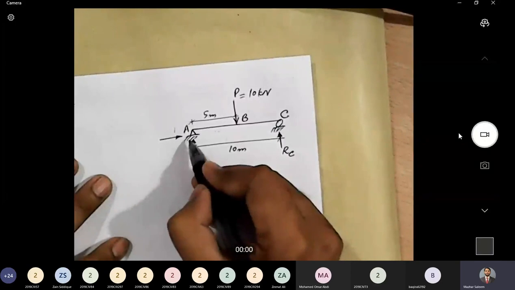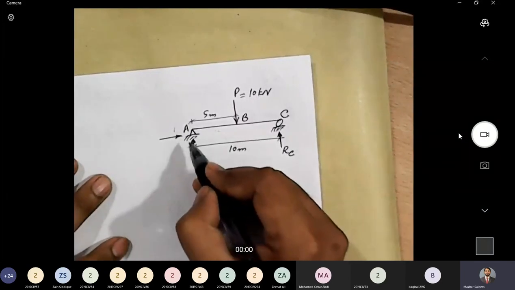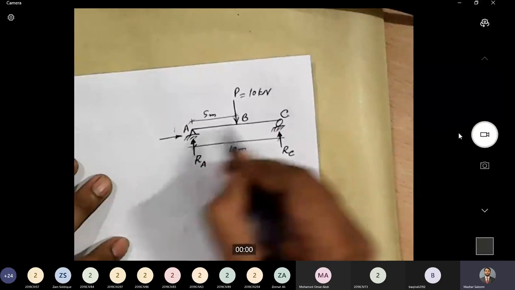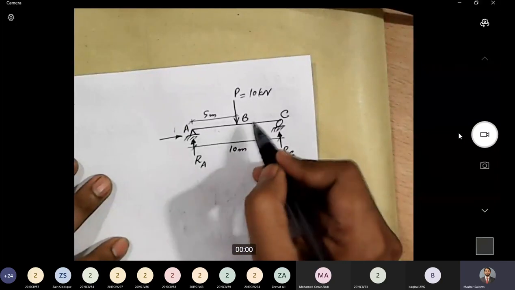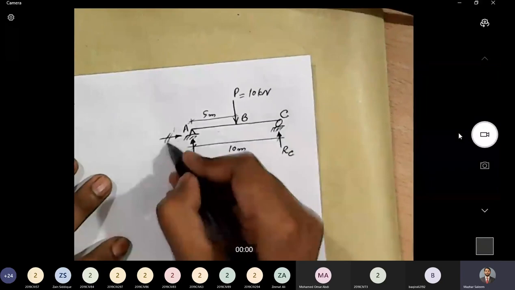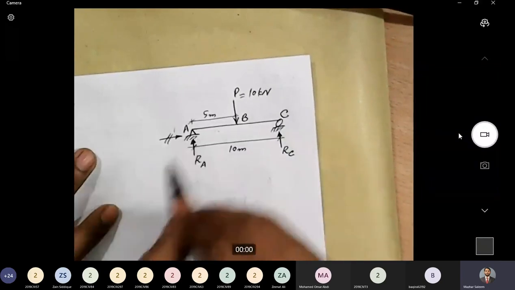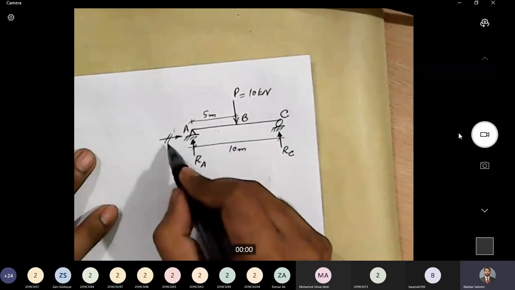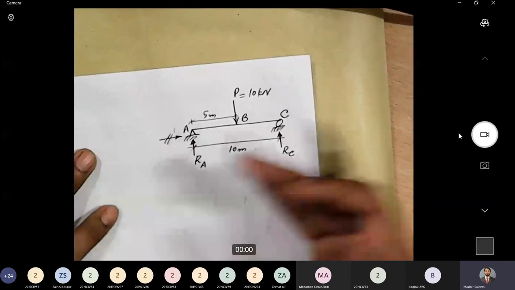Although support A is a hinge support and can generate a horizontal reaction, in this case there is no horizontal force applied on the beam, so no horizontal reaction will be generated at support A. A reaction is only generated if there is some action.